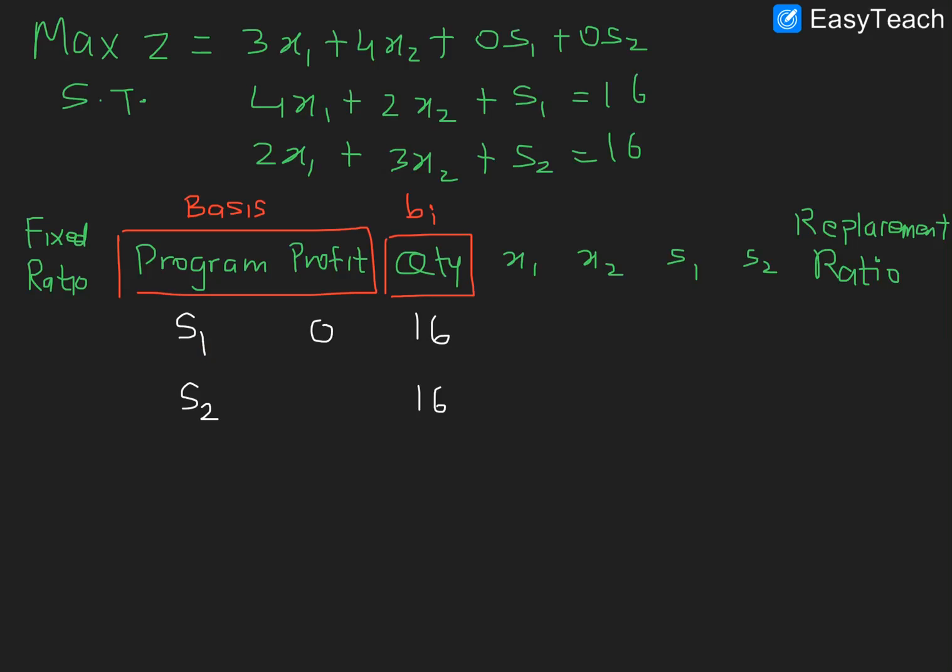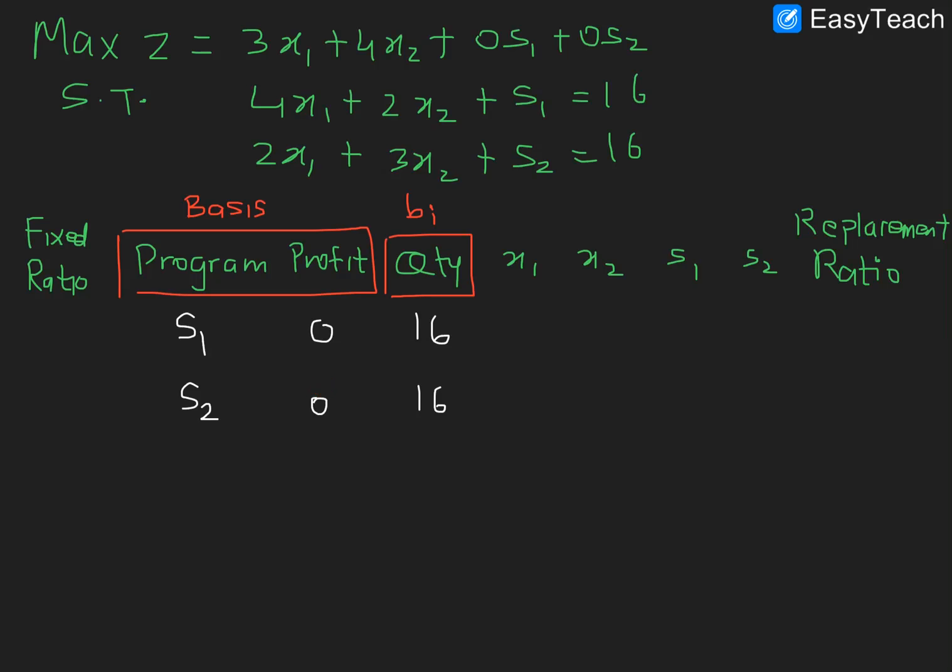So in the profit column we write 0 and 0. This part of the table talks about your position right now, which units you are producing. At the initial stage we are not producing anything, so s1 and s2 have all the 16 units idle, and the profit on them is 0.